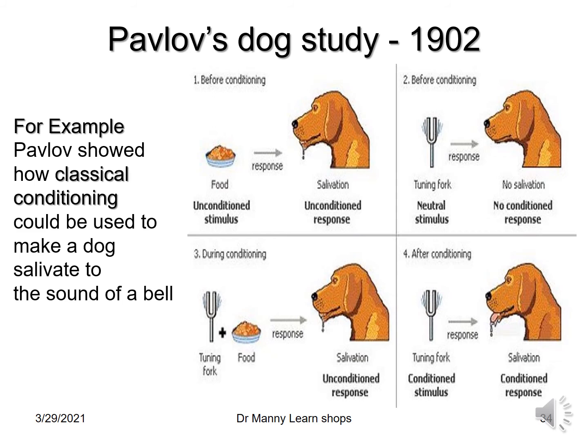Then after repeated associations, food, tuning fork, he just had to ring the bell or the tuning fork and the dog started to salivate. Because this was a conditioned response.